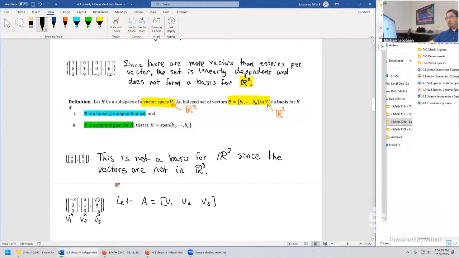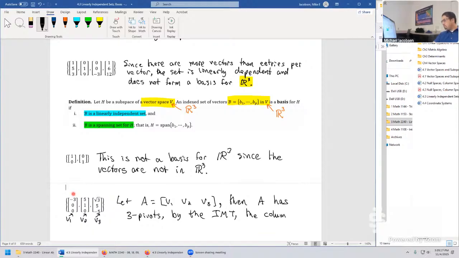So matching with what the reading looks like, if you just say A is the matrix formed from the vectors here, we'll say then A has 3 pivots. We can read them off. It'd be in echelon form immediately. By the invertible matrix theorem, the columns of A form a basis for R3.